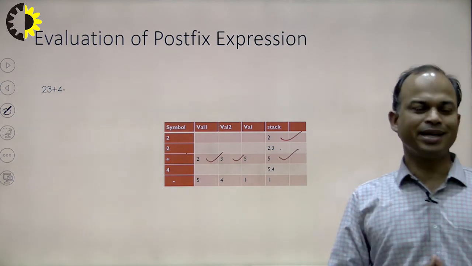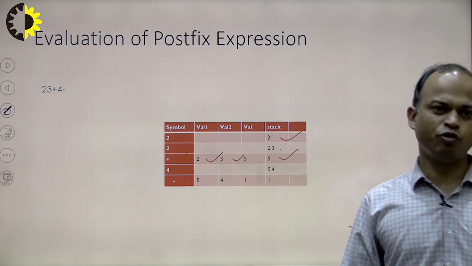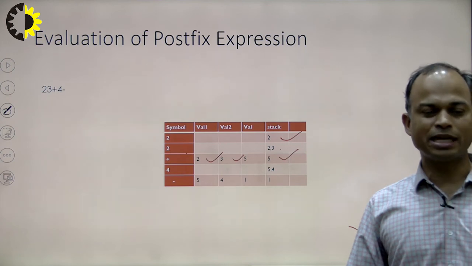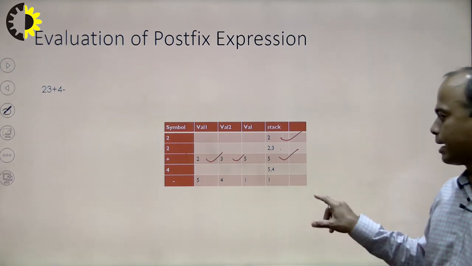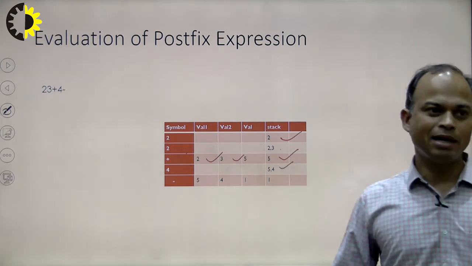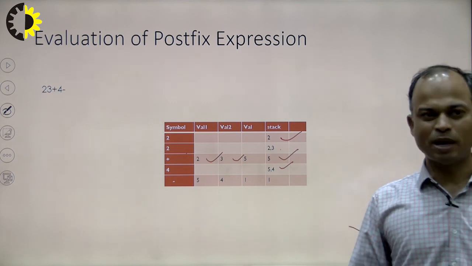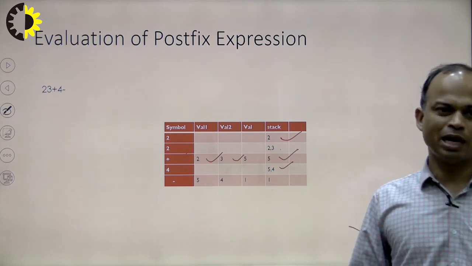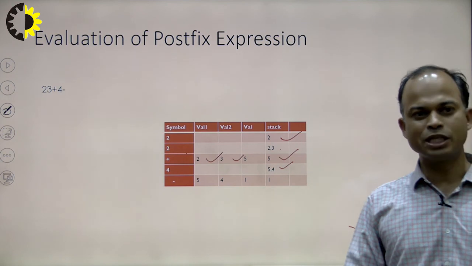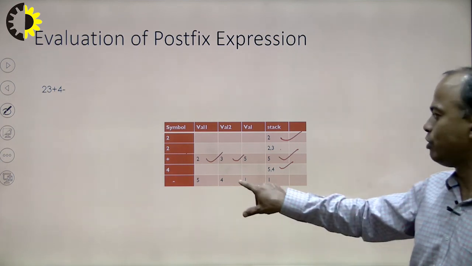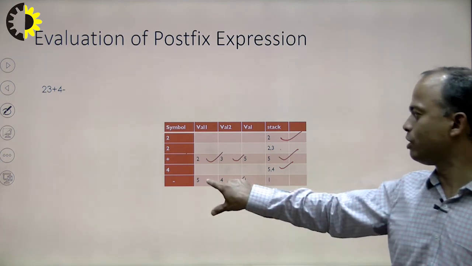This value 5 is pushed onto the stack. Now, the next character is 4, and this 4 is our operand. Therefore, the stack has 4, 5. And finally, we have minus as an operator. Therefore, the last two values are popped from the stack: 4 into value 2 and 5 into value 1.